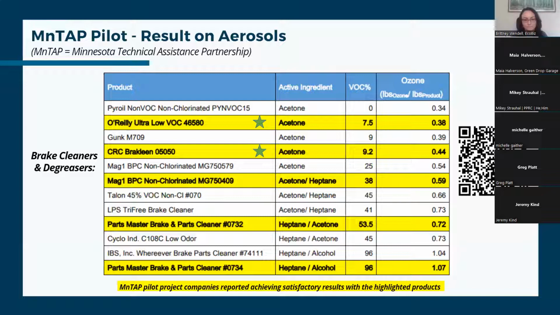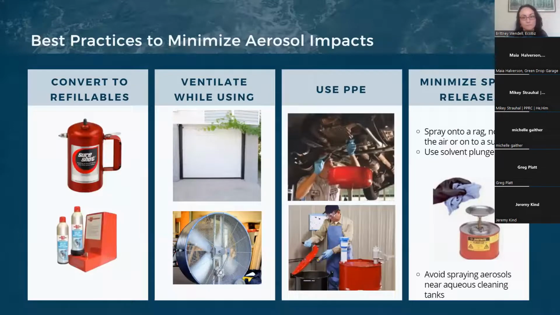If you want to stay under the California threshold of 10%, those two might be good products to look at. The other ones are getting pretty high in VOC levels. There's a QR code if you want to look at that research. And that is back to Brittany at this point.